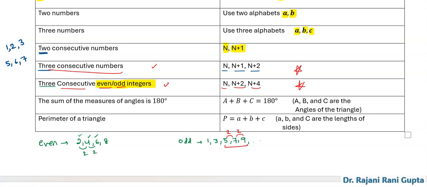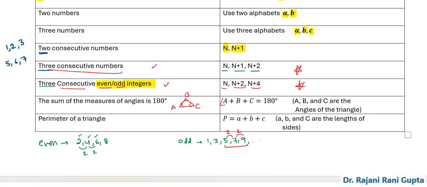Then you may see some questions on the measure of angles in a triangle. If you have a triangle with angles A, B, and C, we know that the sum of the interior angles of a triangle is 180 degrees.